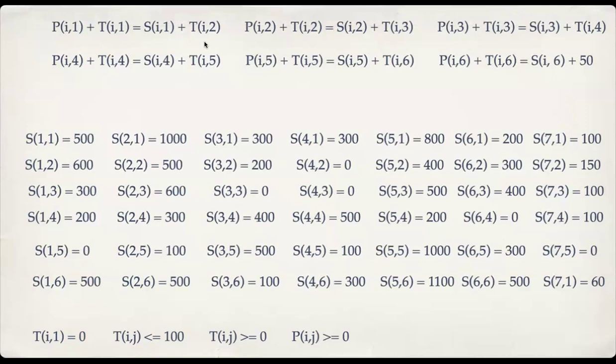What is the remaining? The amount of product I in the storage at the beginning of the second month. You follow this pattern until the last month, the 6th month.